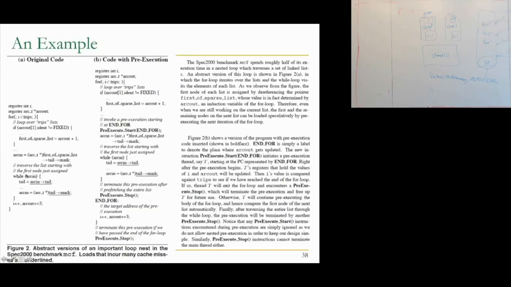Basically, what's happening here is you have a while loop that traverses. This is a vehicle scheduling program, by the way. You're basically trying to schedule vehicles to service customers. There's a linked list traversal over here, and for the different trips, you do many linked list traversals to find the right vehicle. While you're doing this linked list traversal, the idea is to do pre-execution for the next linked list traversal, right?